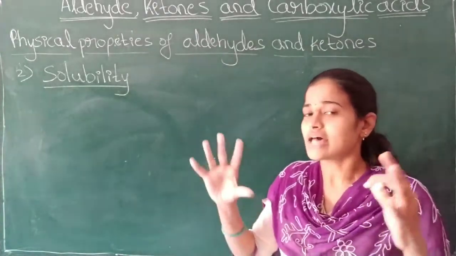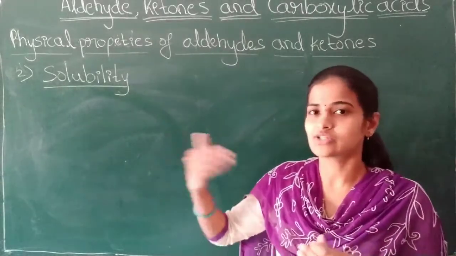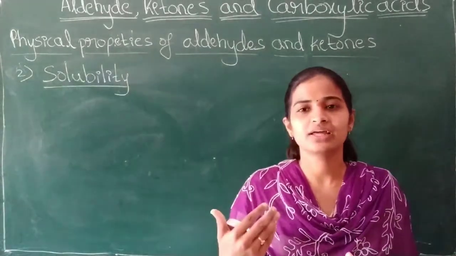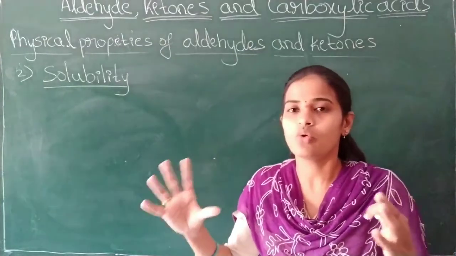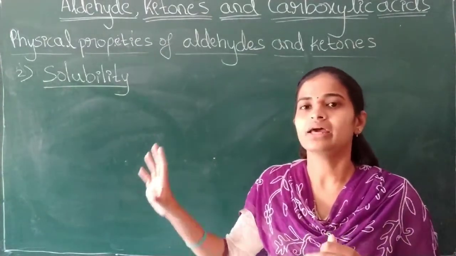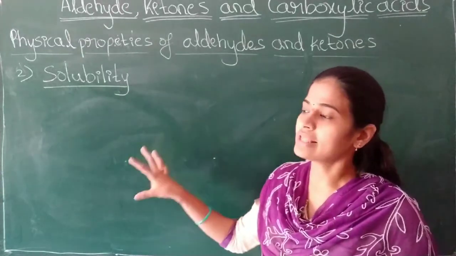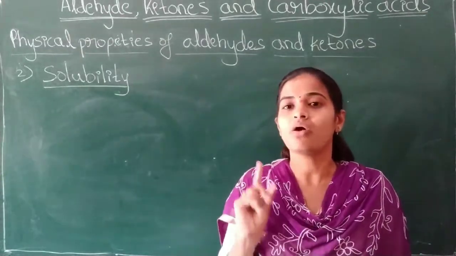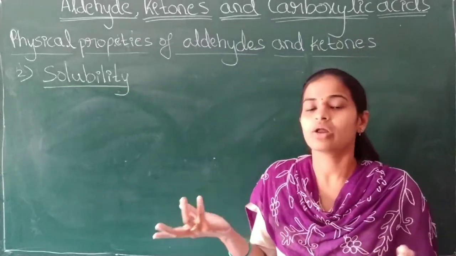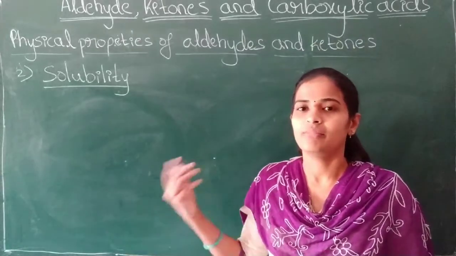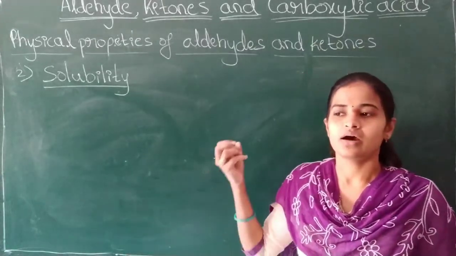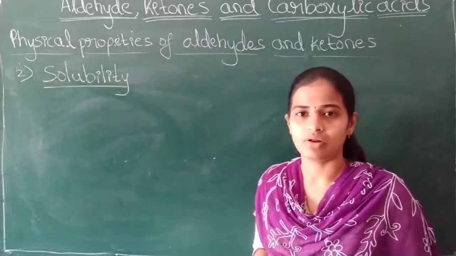But as the size of the carbon chain increases, the solubility decreases. What is the reason for that? Because of the increase in the hydrophobic, water repellent alkyl chain. Got it? And all the aldehydes and ketones are soluble in organic solvents like ether, methanol, ethanol, carbon tetrachloride and all.